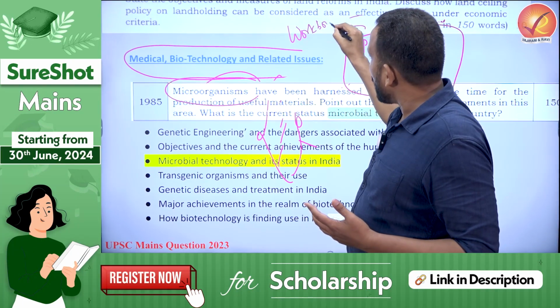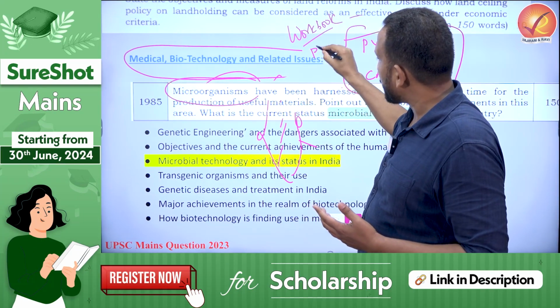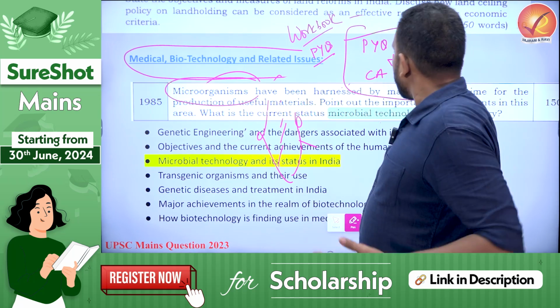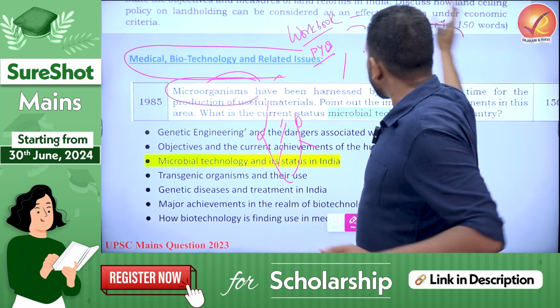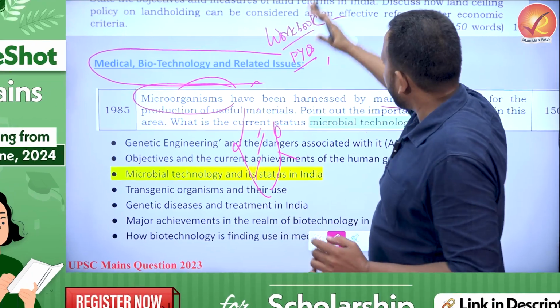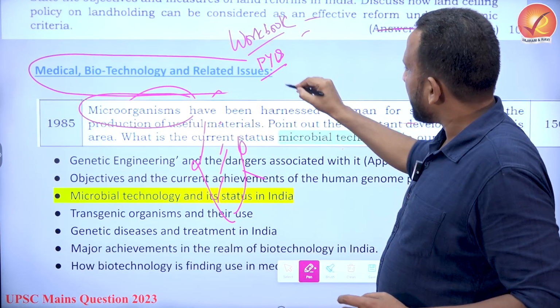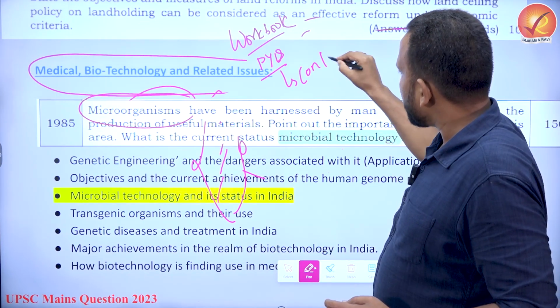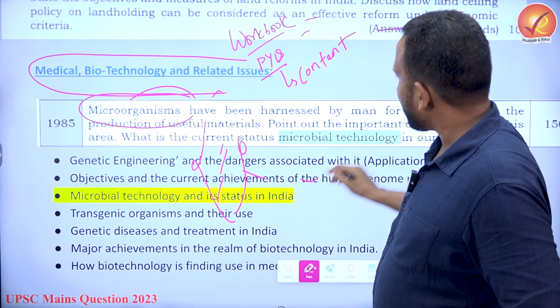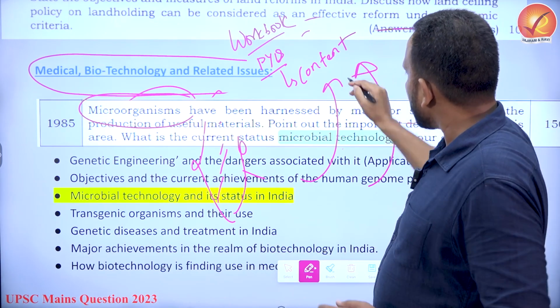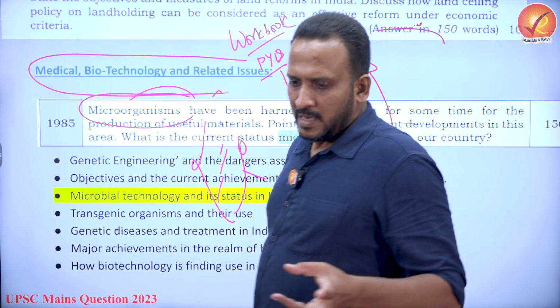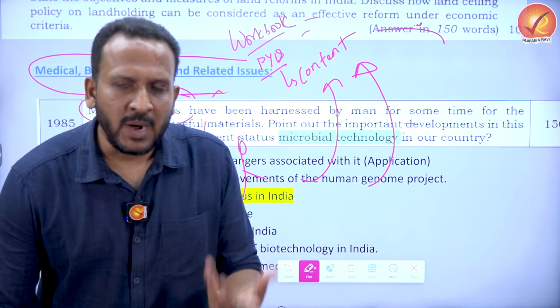And this workbook is based on the previous year's questions. Workbook mein basically kya hai? The workbook has the content. Content means the content of these themes basically. But according to the demand.